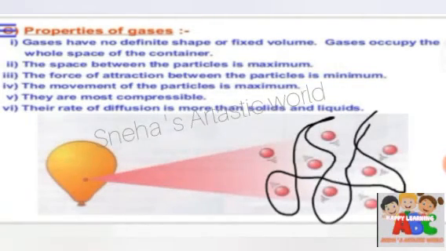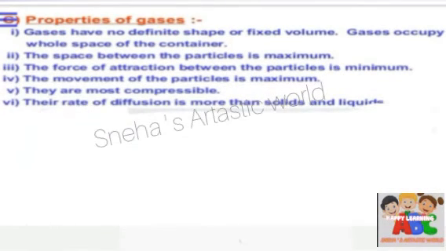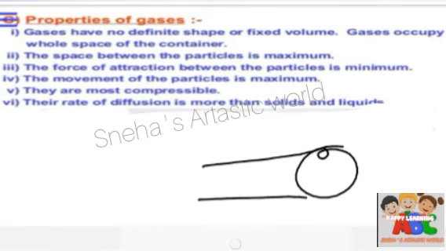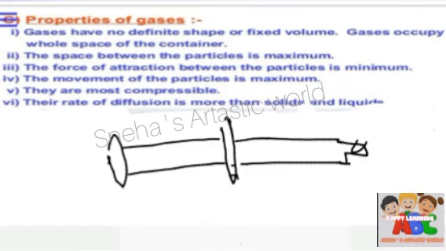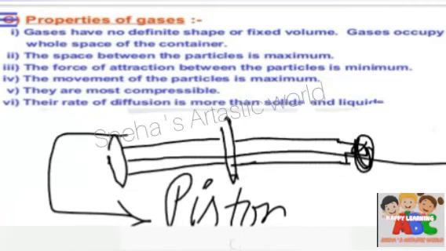For example, I already told you about liquid particles. Very easy. Take the syringe. Once again, take the syringe. Earlier with liquid you took water. In the same way, take the gas. It is like a syringe. You close the mouth, take the air in it, close the mouth and compress the piston. Air is very easy to compress.